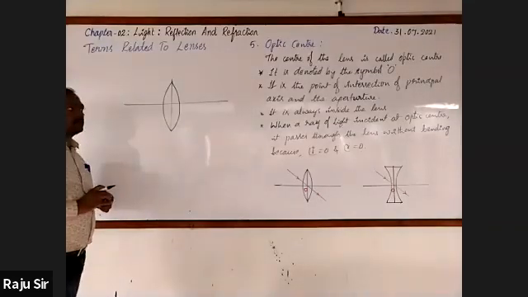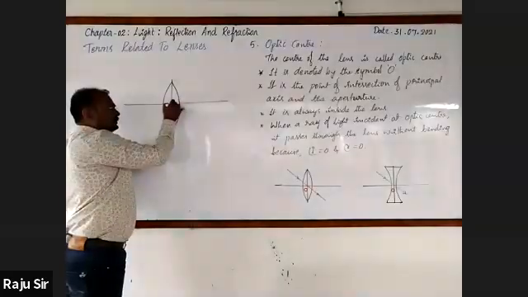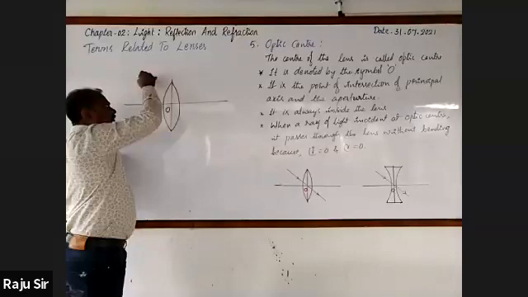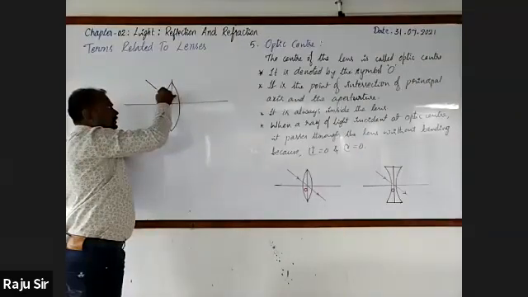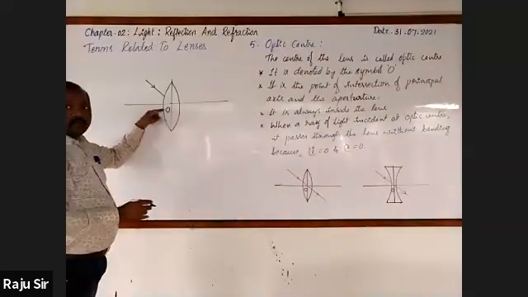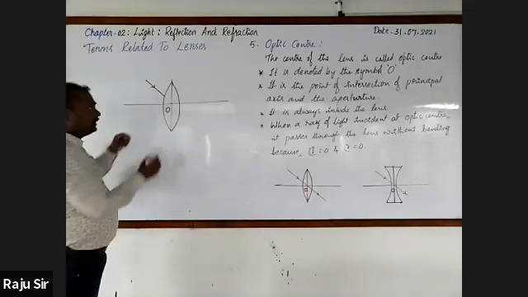Convex lens. At this point, optic center. See that this is the ray of light incident towards the optic center.